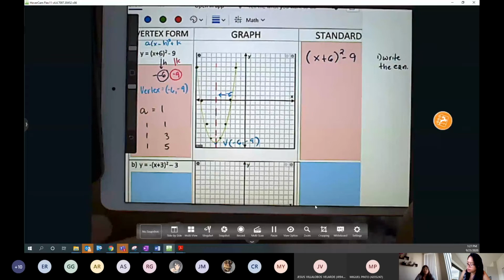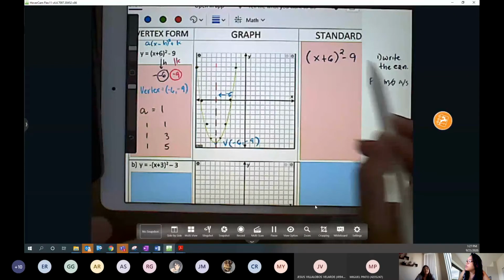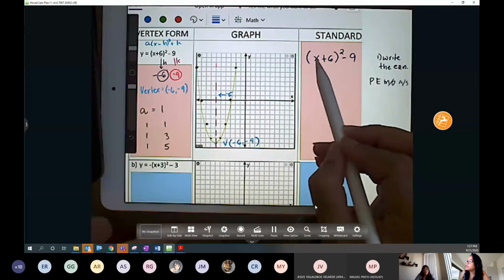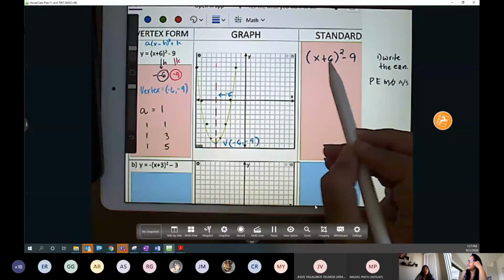And then next, using PEMDAS, we are going to look at our parentheses. Inside the parentheses, there's x and 6, so we're not going to do anything there.